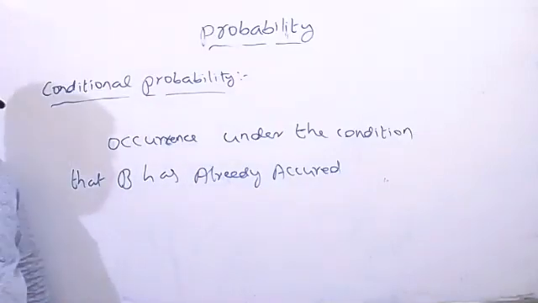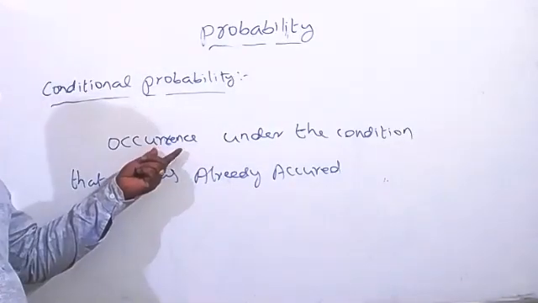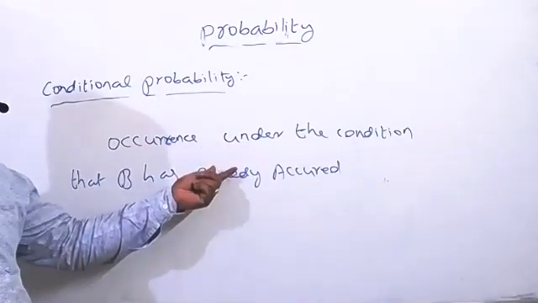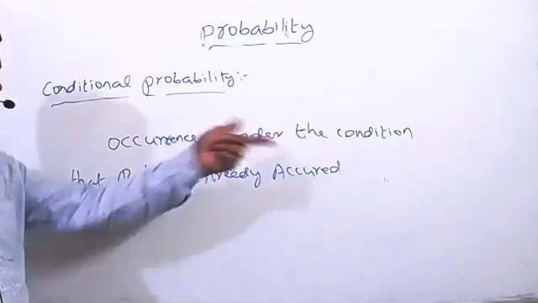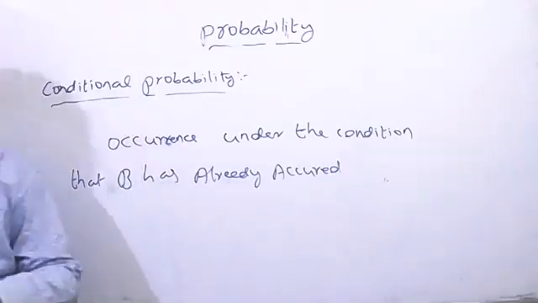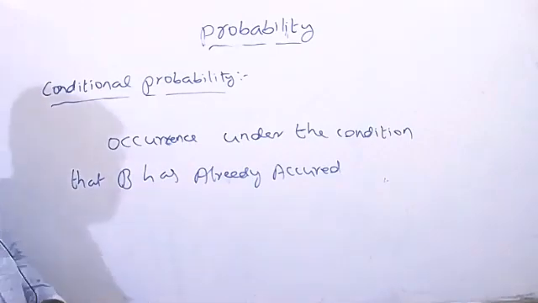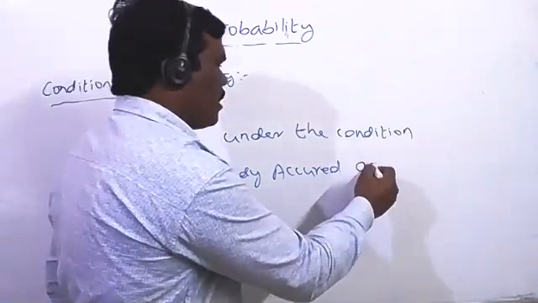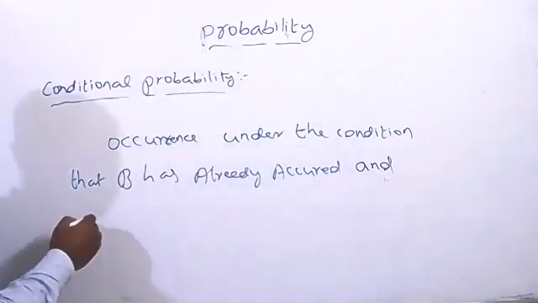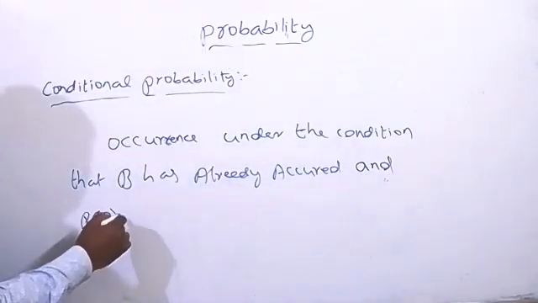That means the event B has already occurred before the occurrence of A, so B will be the condition here. B has already occurred and P of B is not equal to 0.